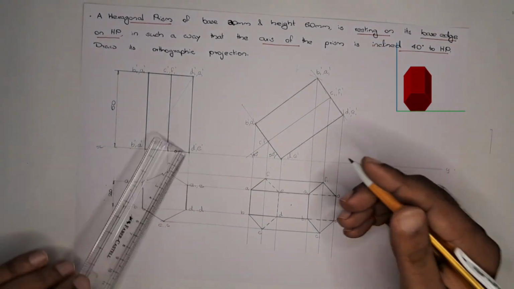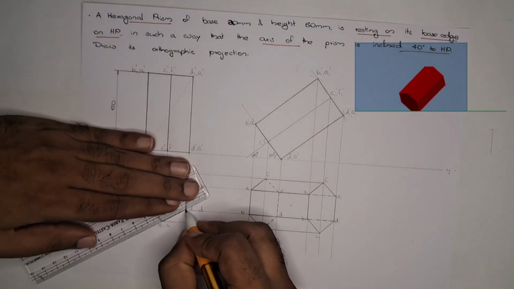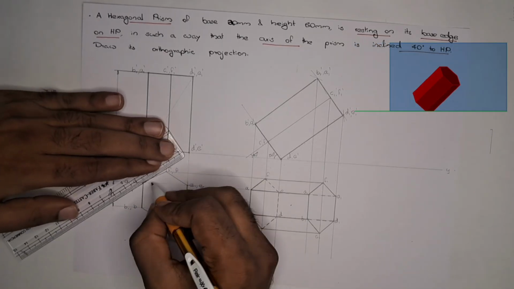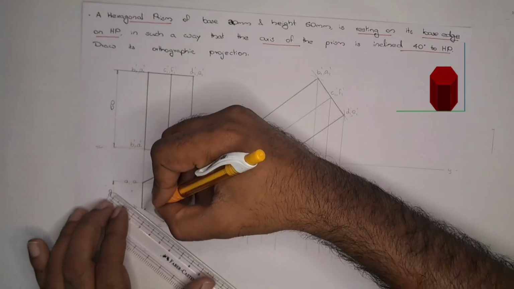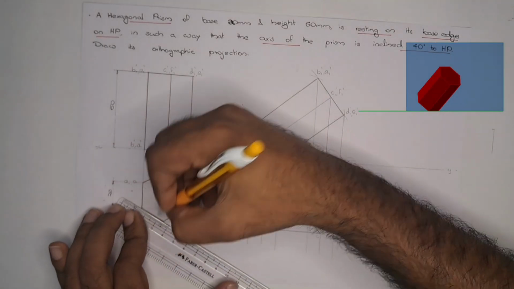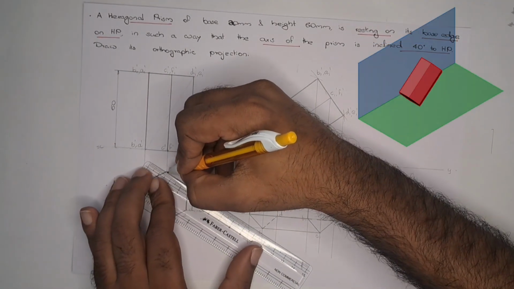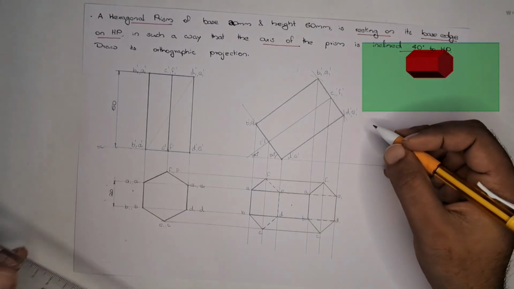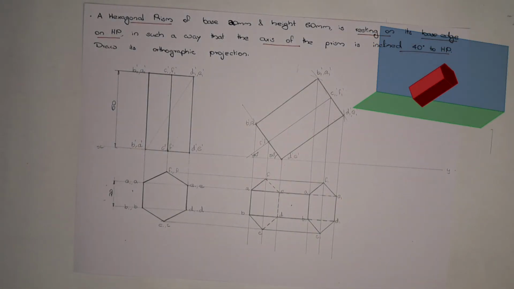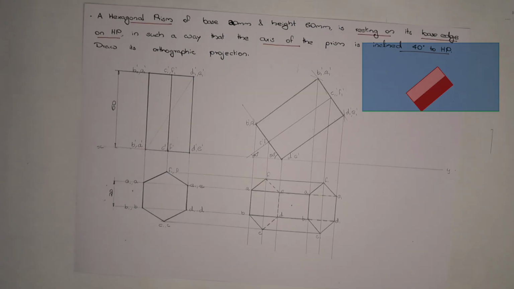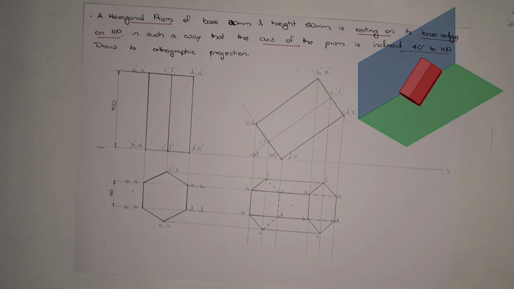Yes, you can finish it. So this is the orthographic projection of the hexagonal prism. Thank you.